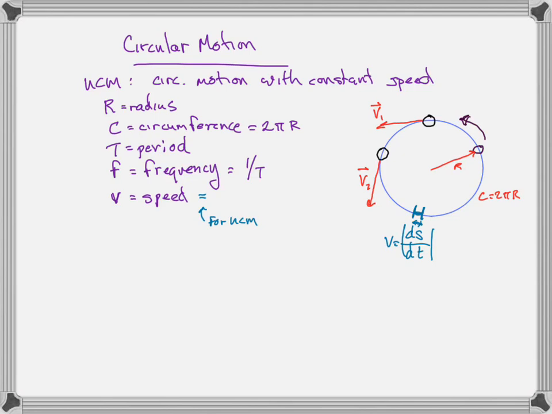If we want an expression for speed other than ds/dt, for uniform circular motion, we can take a little section ds that takes a little time dt. We know that the arc length of the whole circle is just 2 pi r, the circumference, and the amount of time it takes is T, the period. So the speed for uniform circular motion is 2 pi r over T.